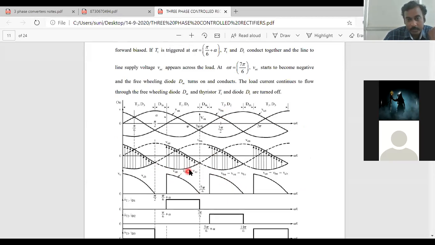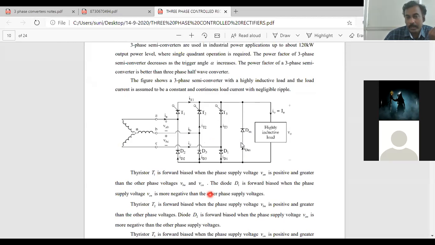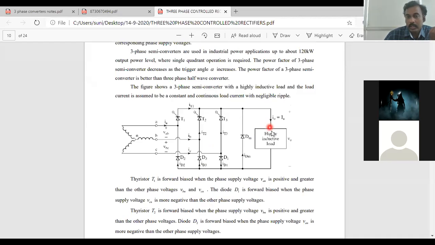At this particular point, as an inductive load is present here, if the freewheeling diode is not provided, then you are going to have a negative voltage from 5 pi by 6 to this particular point. Due to the freewheeling diode, the current in the inductive load is circulated here itself. So T1 and D1 are turned off.